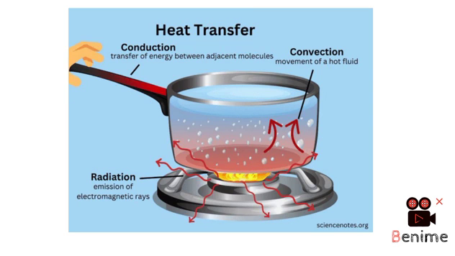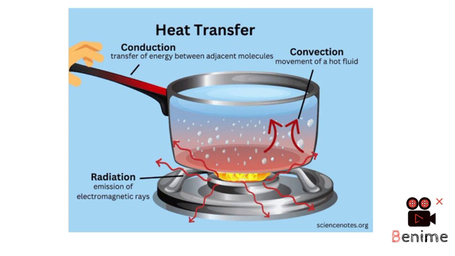Then we see heat transfer examples as depicted by this picture. Heat transfer by conduction involves the direct contact of the two bodies for heat to be able to transfer. The heat is transferred between adjacent molecules that are in contact, whereby heat moves from one molecule to another by virtue of the fact that they are in contact.